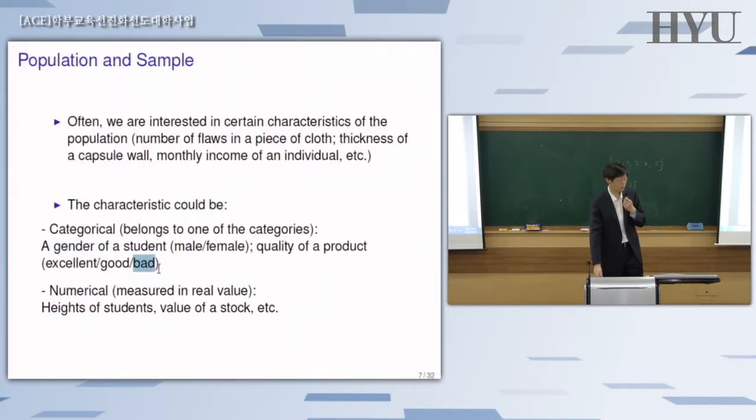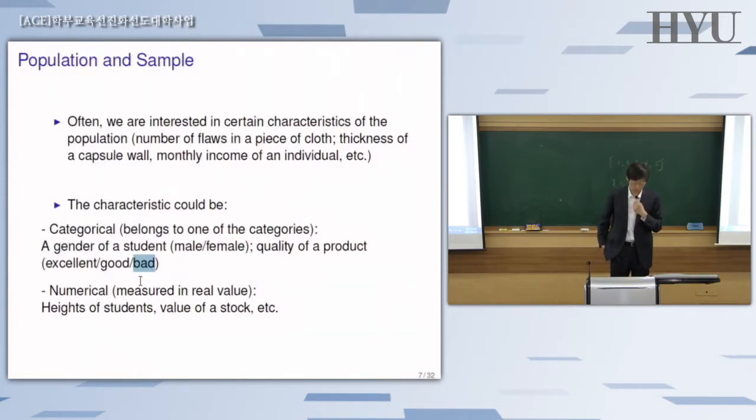So this is certainly a category. But when you actually process these, you have to assign some numbers to it, like number 2 to the excellent category, number 1 to the mediocre one, and number 0 to the bad one. So you can actually compute using those numbers instead of just dealing with the categories themselves.